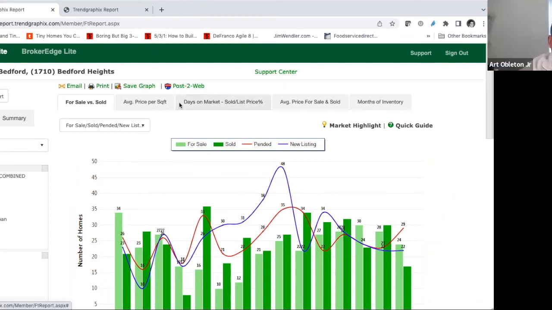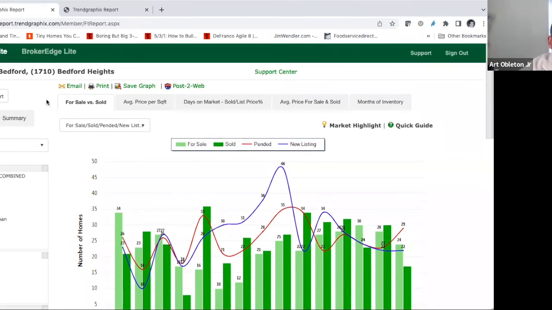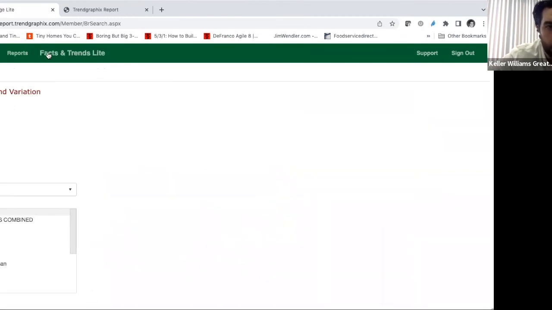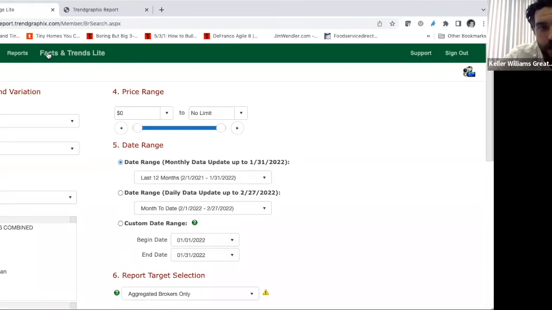Is there any way we can look up an office, like our office or certain offices? Yeah, absolutely. When you're here, you can go to Broker Edge Lite. This is going to allow you to better understand all the way from an office, aggregated brands, and individual agent standpoint.